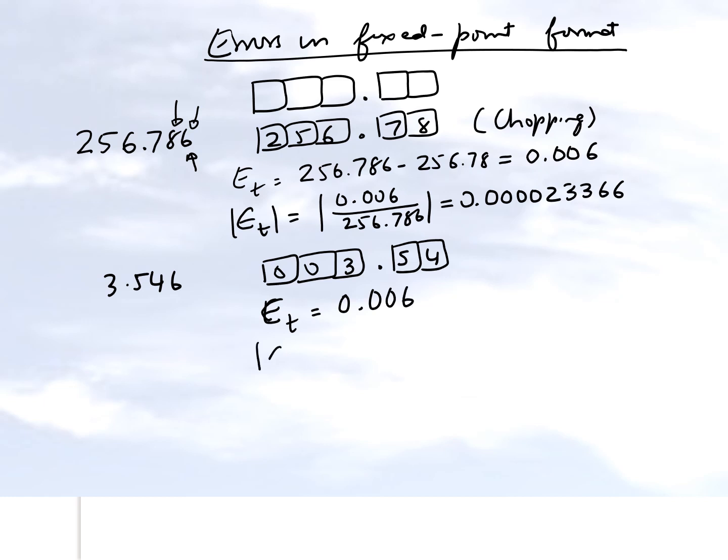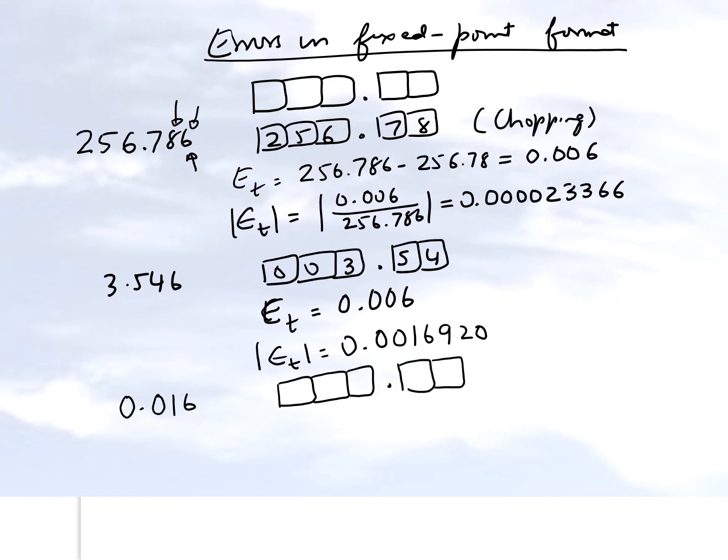Your absolute relative true error will turn out to be equal to 0.0016920. Let's take a different number like 0.016. It will get represented as 000 here and 01 here. Keep in mind we're still using chopping, and in this case the true error will be 0.006, and the absolute relative true error will turn out to be a large number, 0.375.